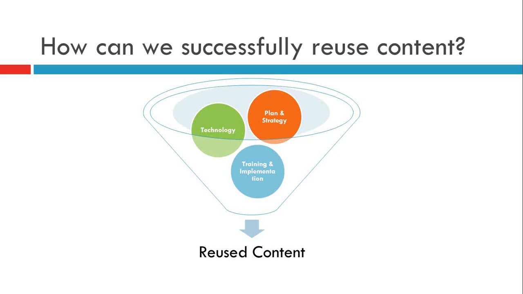If we talk about content reuse in general, people generally think that we are talking about structured documentation, which has a single sourcing mechanism, or that the content has to be written in DITA XML. But overall, content reuse is a concept which has to be leveraged by technology. So the selection of the right technology plays a vital role in reusing our content, irrespective of what authoring tool we are using.